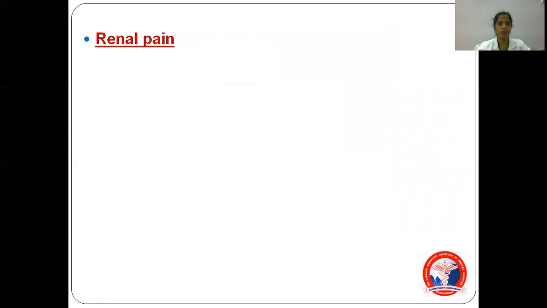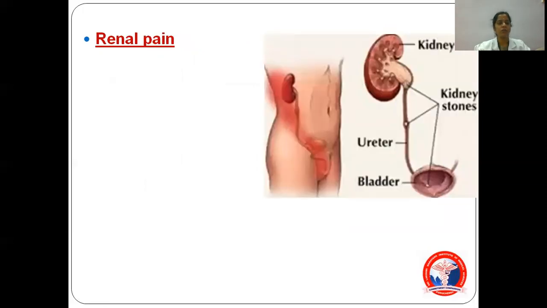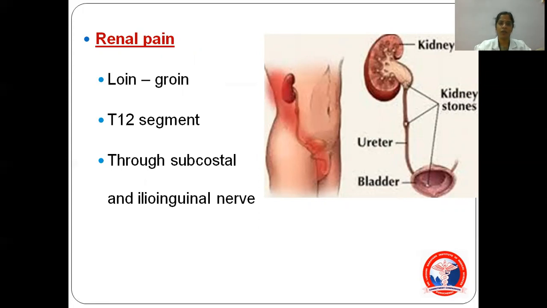Now we have to know what symptoms the patient will have. Usually they will come with complaints of renal pain. First they will have pain in the loin, then it will be referred to the groin.